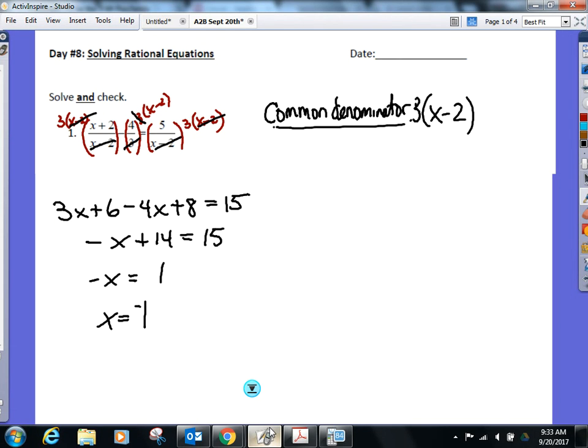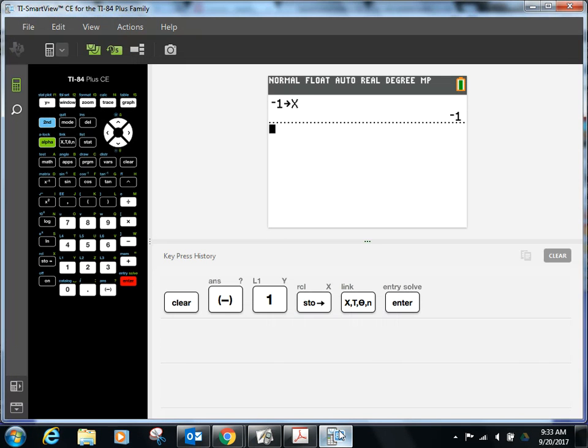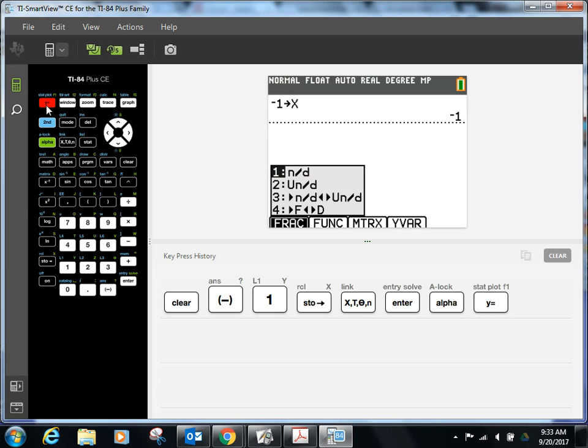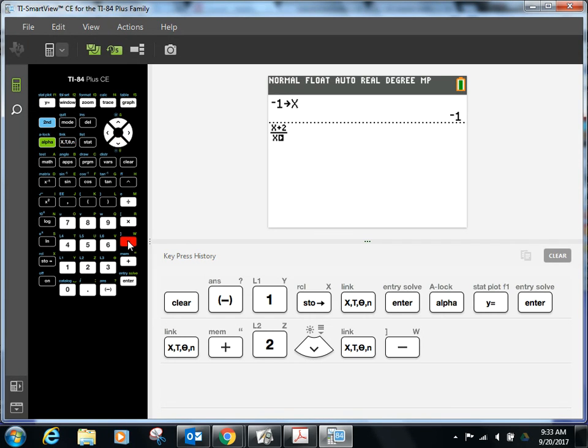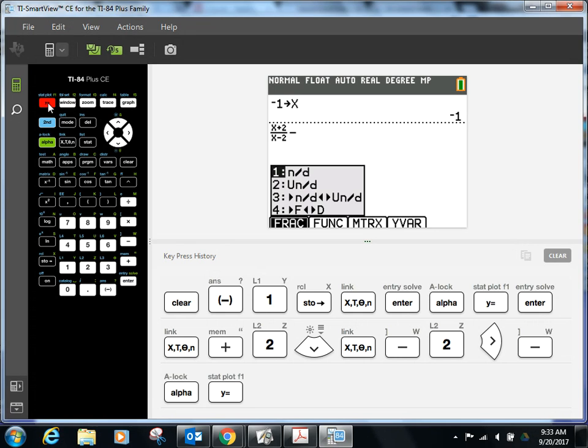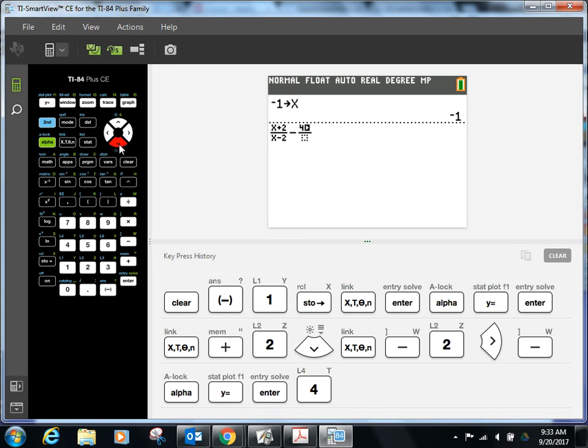I'm going to put that in as it is with the x into my calculator. I'm going to get my fraction template out, alpha y equals, and put in x plus 2 over x minus 2 minus 4/3, so another fraction template. Everybody good so far?